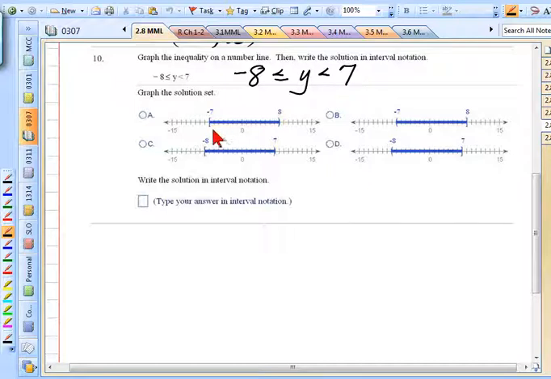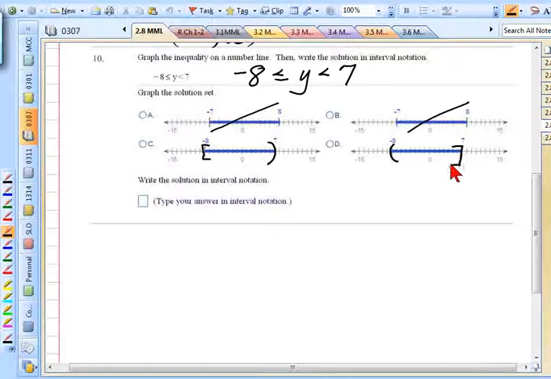So A and B are out. C has a bracket at -8 and a parentheses at 7. D has parentheses at -8 and a bracket at 7. Which one is correct? C. C is correct.